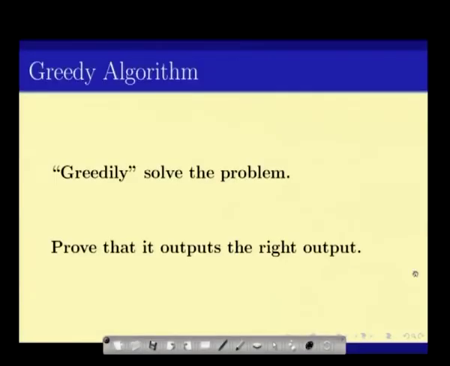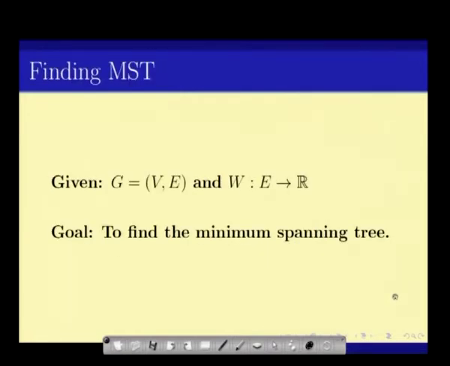One solves something greedily and hopes that the algorithm outputs the right answer. So, we will use a greedy algorithm to solve the problem of finding the minimum spanning tree.